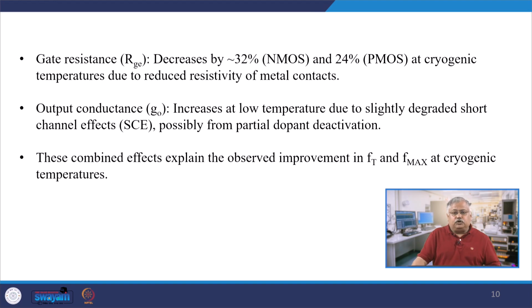Let me recapitulate what we did in this half an hour. We looked into the various small signal models available for an FDSOI. There we didn't talk about temperature, but we came to know that if you have the FDSOI structure available, I can predict a priori what will be the value of Ft and Fmax by knowing the total capacitances and resistances offered in the intrinsic as well as the extrinsic region of the FDSOI.